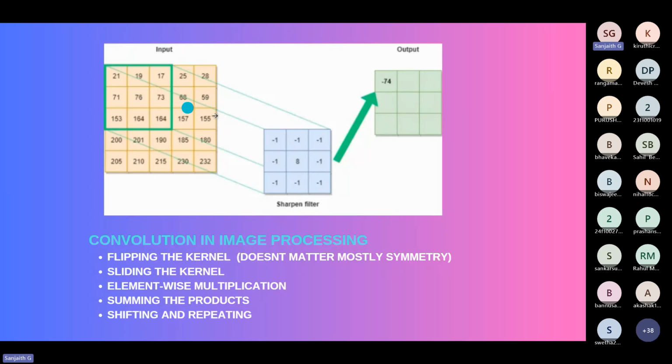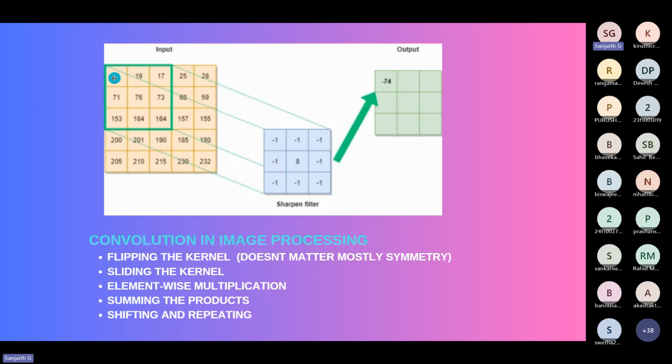So you add minus 21 plus minus 19 plus minus 17 plus minus 71, first doing all the minus stuff, plus minus 73 plus minus 153 plus minus 164 plus minus 164. And adding it with 76 into 8, you get the output as minus 74.